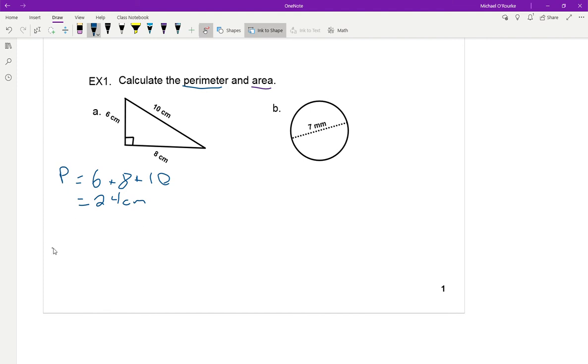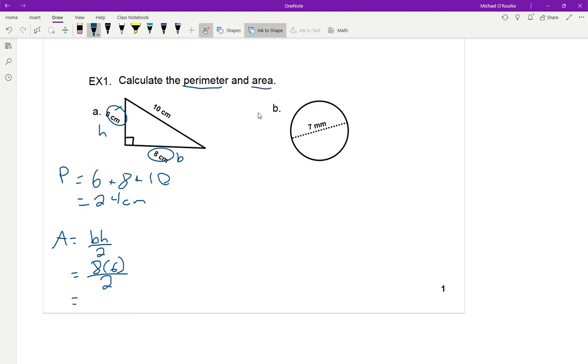Then the area. If we look at our formula sheet, area of a triangle is base times height divided by 2, which is going to equal, here's my base, there's my base, here's my height, so it's going to be 8 times 6 divided by 2.